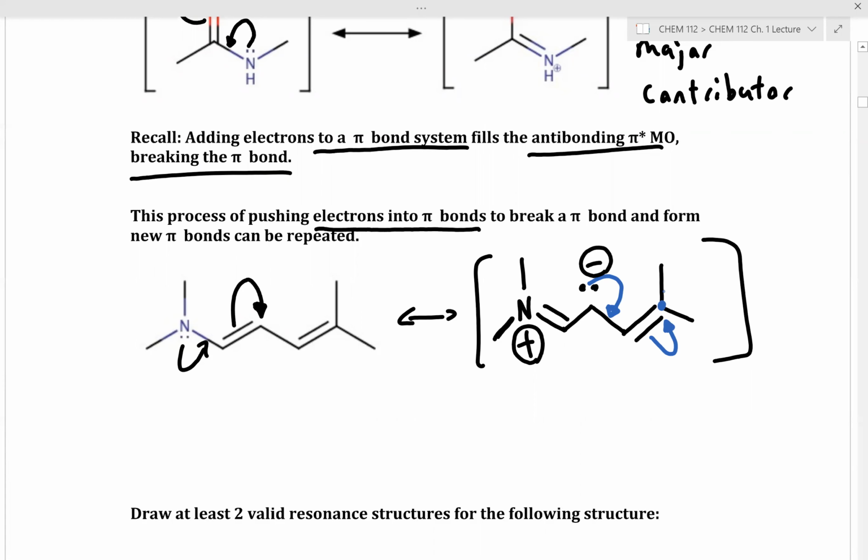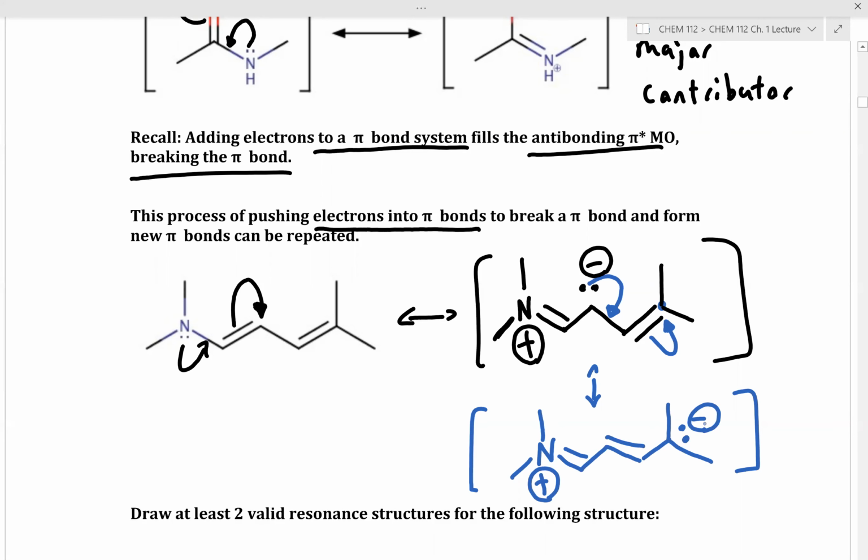So let's now draw that resonance structure. And now we have a lone pair on this tertiary carbon. Does that process make sense?